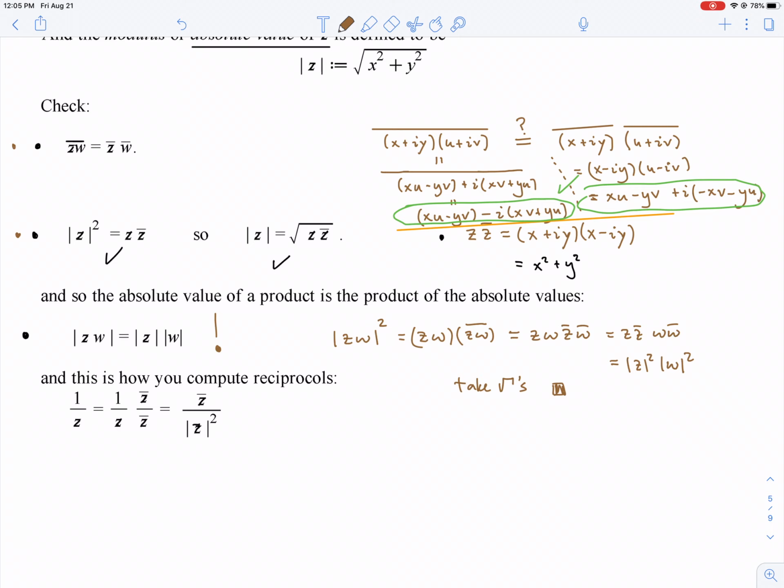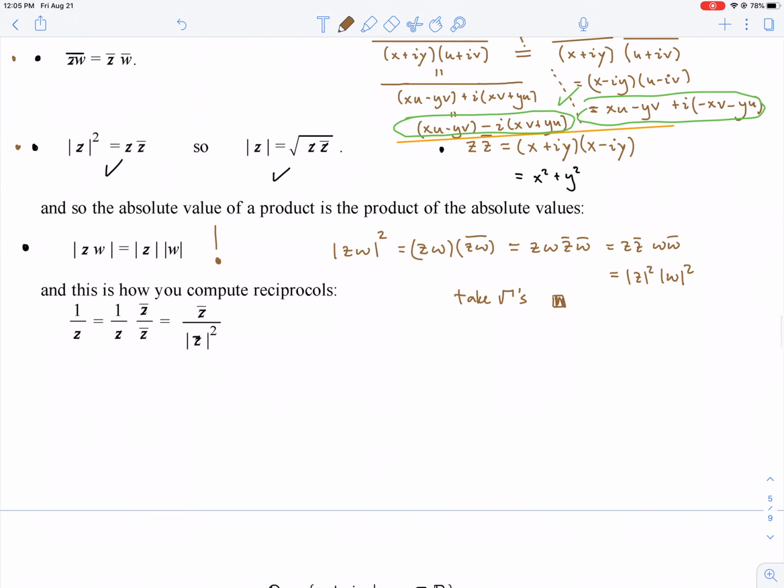Okay, so finally, that gives us a quick way to compute multiplicative inverses. So if I want to find 1 over z for a non-zero z, I just multiply by z bar over z bar. And remember, over means multiplicative inverse. So z bar over z bar, you're just multiplying by 1. And 1 times 1 over z is 1 over z. And then you just multiply these two complex numbers, and you get z bar over modulus z squared.